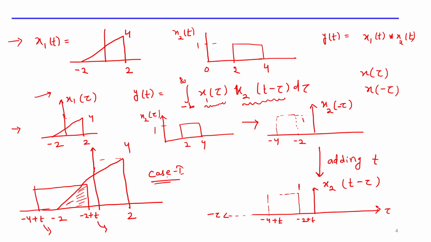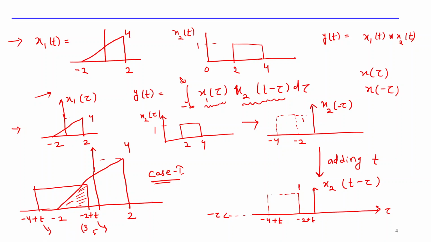Another case: suppose t is large and positive. Let's say t is 7. If t is 7, then minus 2 plus 7 is 5, and minus 4 plus 7 is 3. So now this signal lies from 3 to 5.